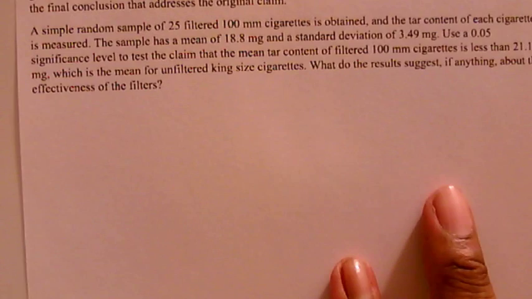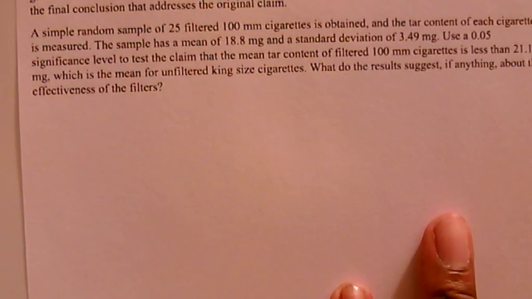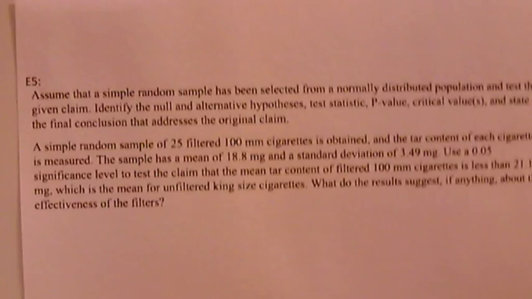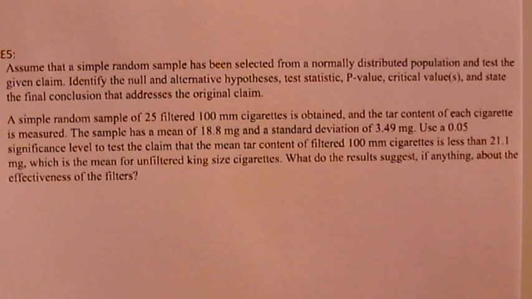And in this case here, we want to assume that a simple random sample has been selected from a normally distributed population and test a given claim. Identify the null and alternative hypothesis, test statistic, p-value, critical values, and state the final conclusion that addresses the original claim.